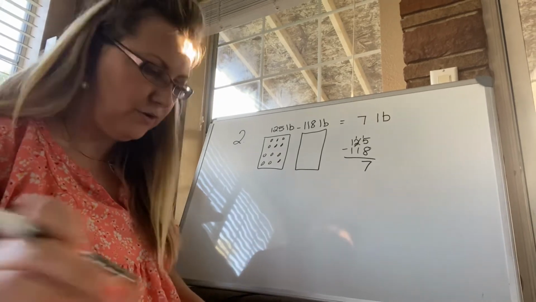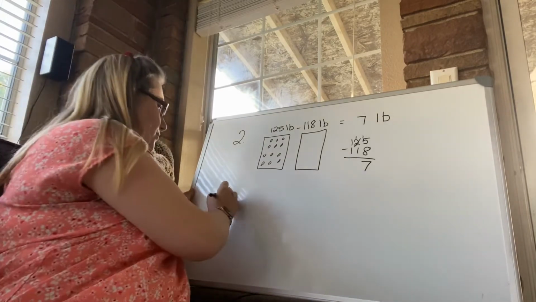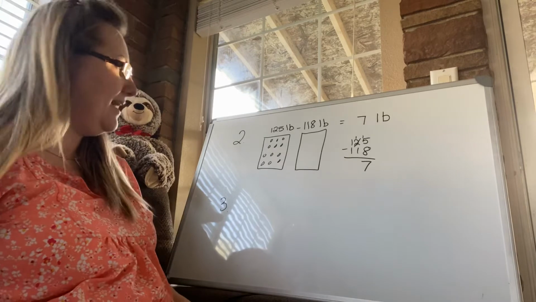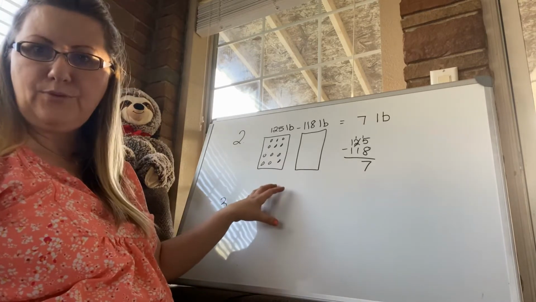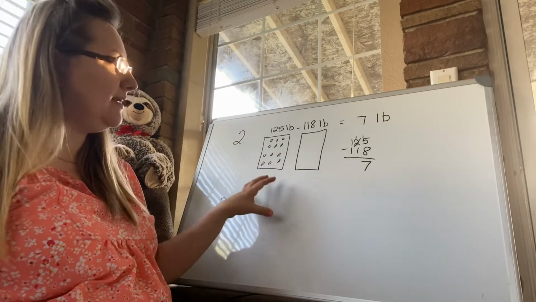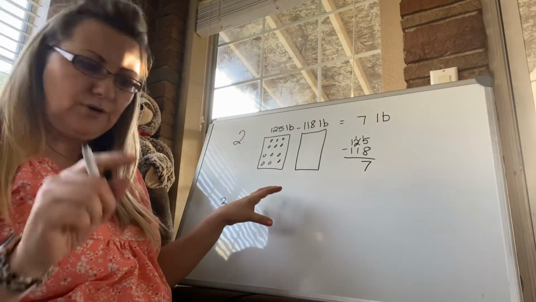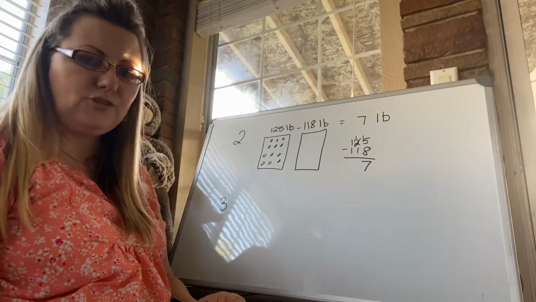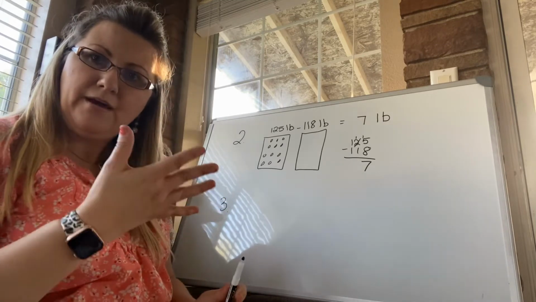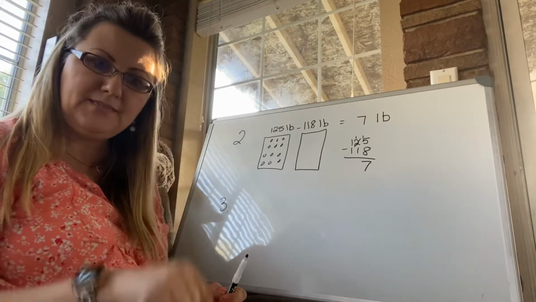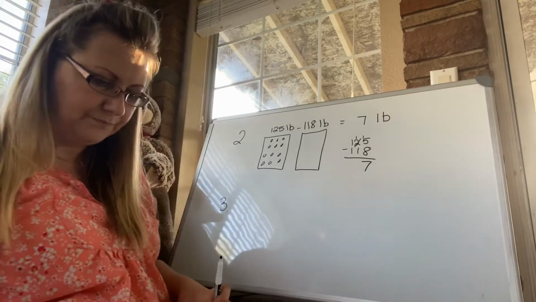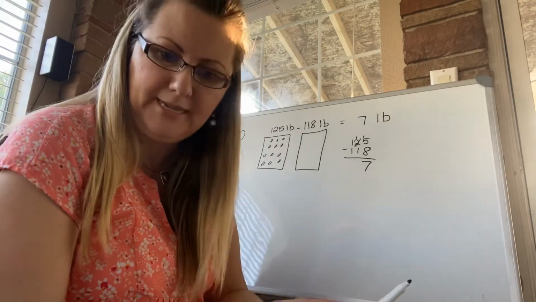All right, so I'm going to leave that up there for a moment. And I really hope you can see that well. And we're going to go on to problem number 3. All right, now whatever I draw on my board, just like at school, I expect that it will be on your homework paper. And for the next 2 weeks, I sent 5 packets home. This first week of school, we have two lessons.